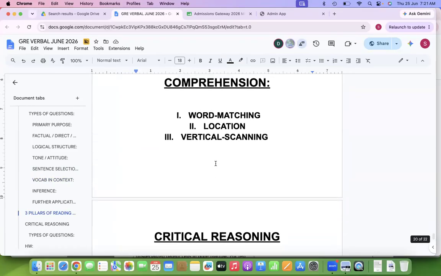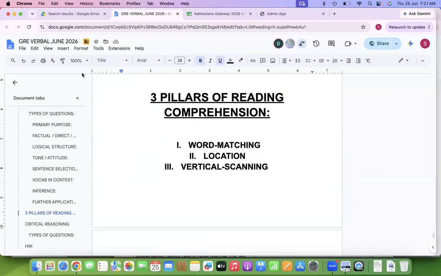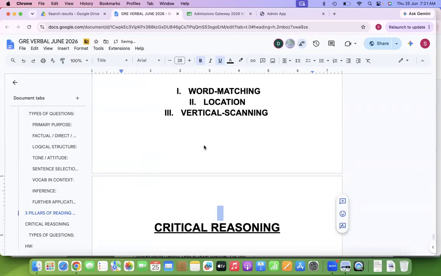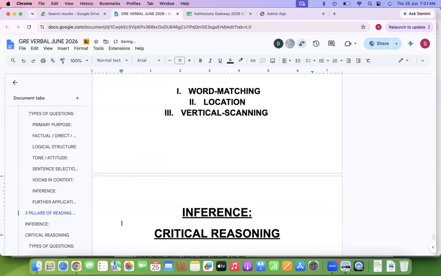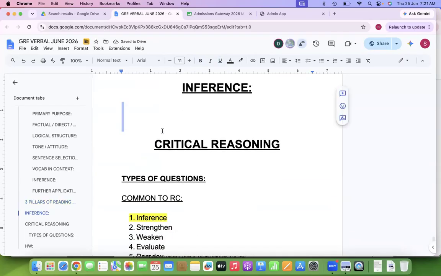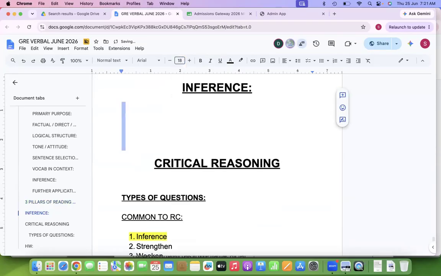Before we get into solving for inference, how do we solve it as a question type? We should look at the philosophy behind inference. So let's start with Bhavisha.